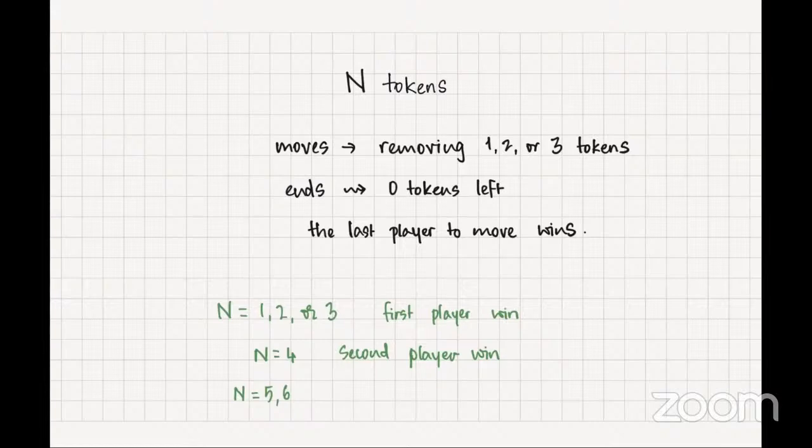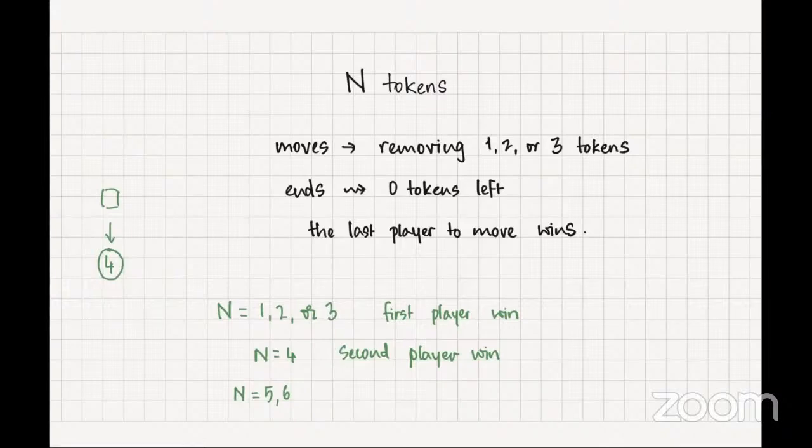If you have a certain number of tokens and you can go to a situation where you have only 4 tokens left, the person who is playing with 4 tokens is not the person who wins, right? It's the other player who wins from 4 tokens. That's the second player win. So you want to create that situation for your opponent. So from 6 tokens, you should be removing 2 so that you're left with 4.